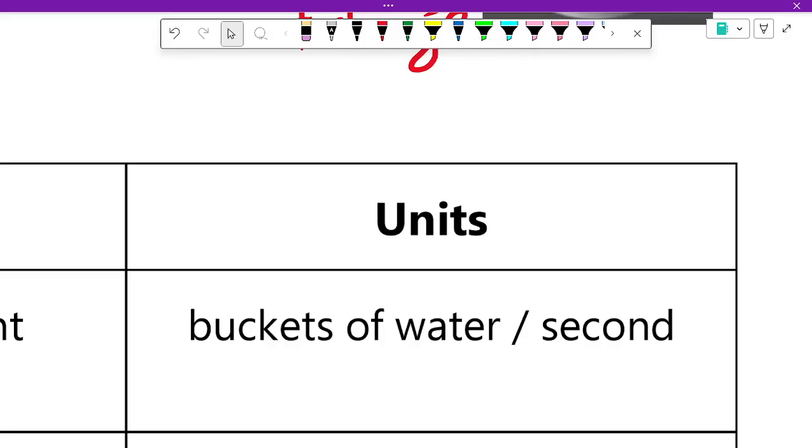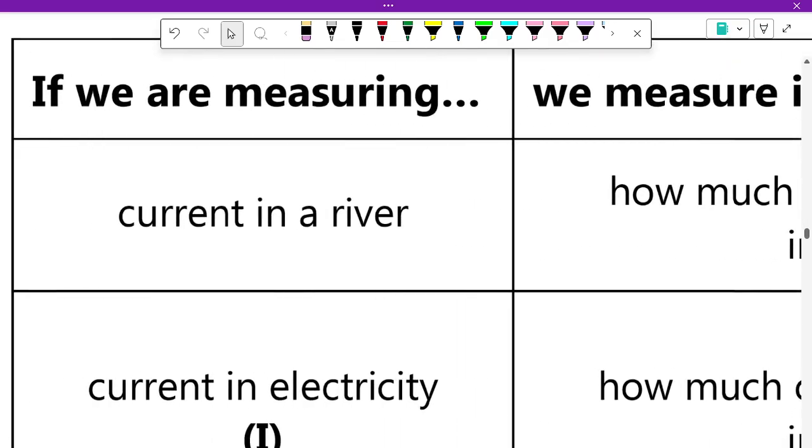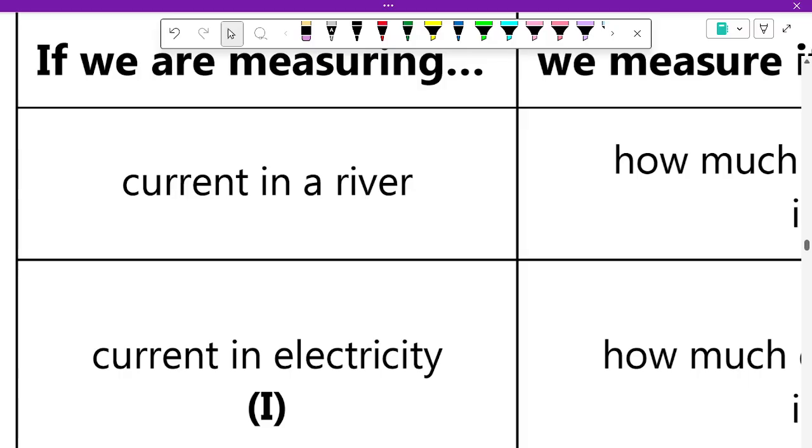If we translate that into electricity, current in electricity is represented by the letter I. Remember, that stands for the intensity of current. I should put a capital I there.